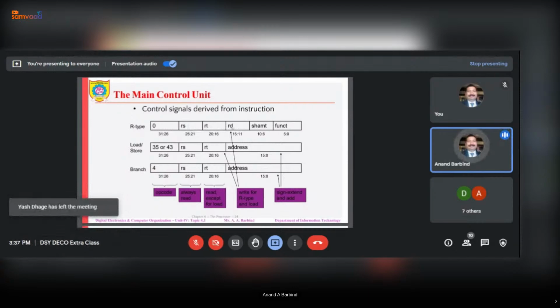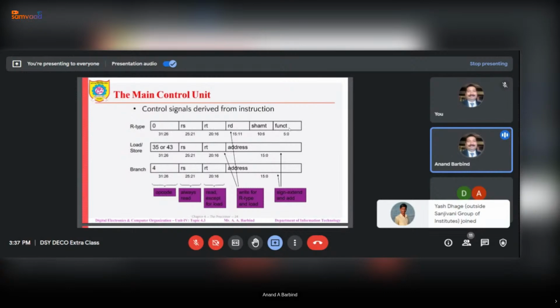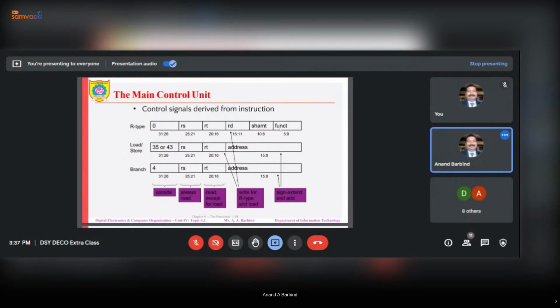So 3 registers are mentioned here. The RD register is for the destination. The SHAMT and function fields indicate the appropriate function for the add instruction, subtract instruction or logical instruction, and depending on that, these will change. Whereas in the load or store instruction, you will have only 2 registers, RS and RT, and a 16-bit address which is called the offset address.